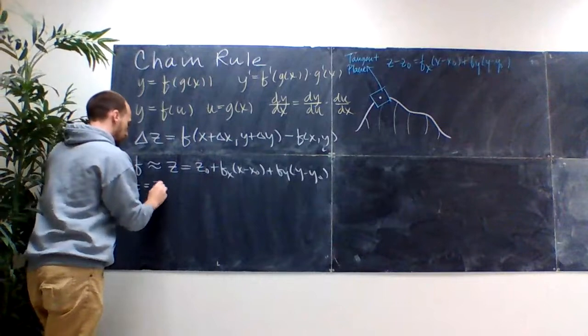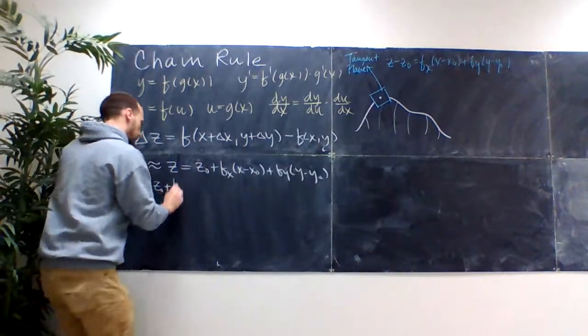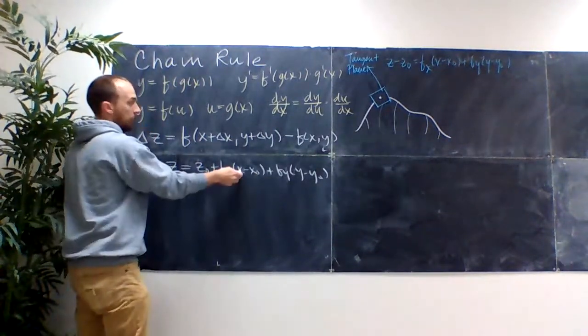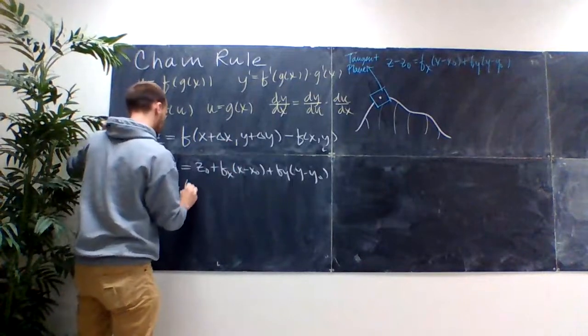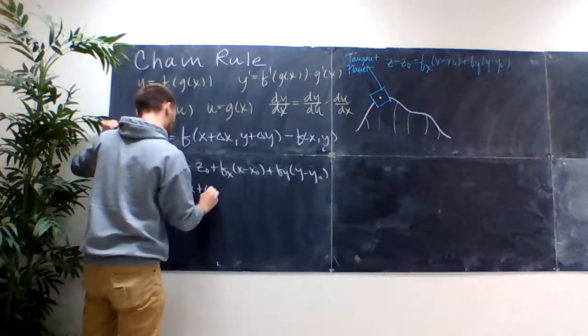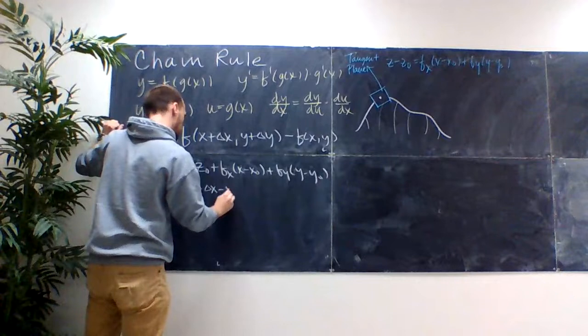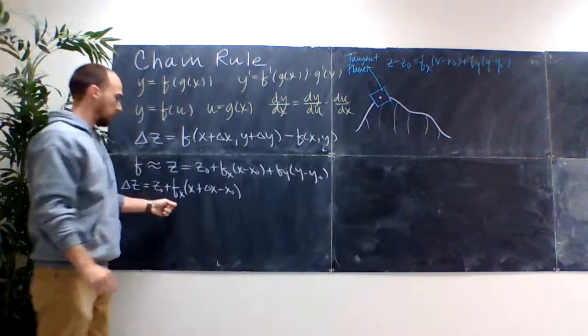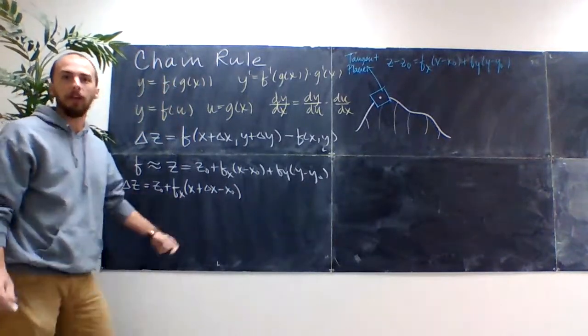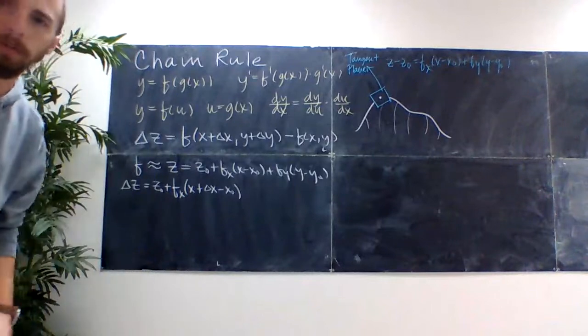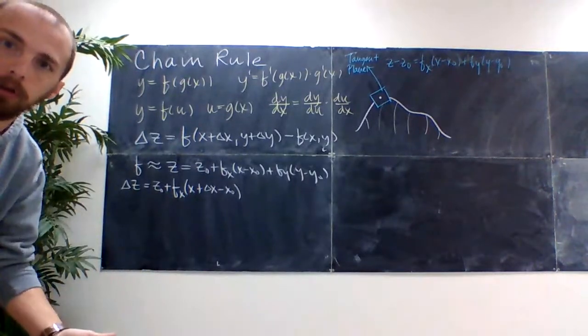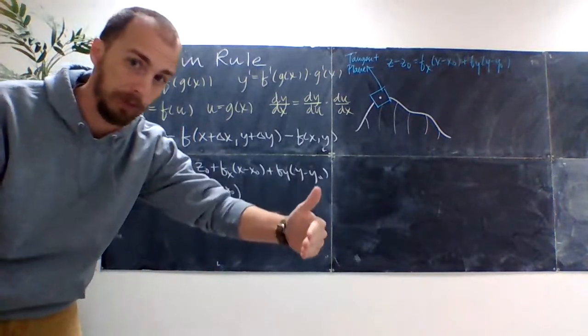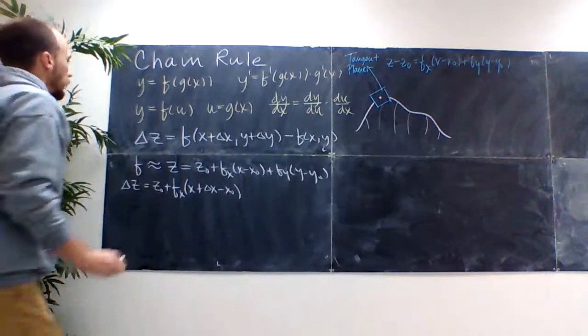Well, that'll be z0 plus fx times, replace x with x plus delta x. And right here, fx is the value of the partial derivative at the point we're interested in, multiplied by all three of these things, so I am going to distribute that.